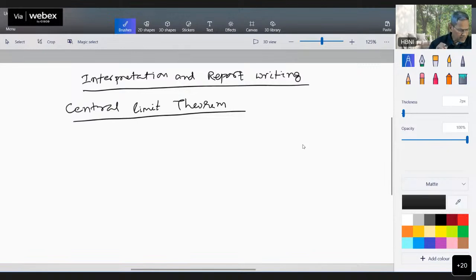What it means is that if we have a population with a mean value mu and a standard deviation sigma, say we want to study the average age of the population, then this is the mean age and this is the standard deviation.